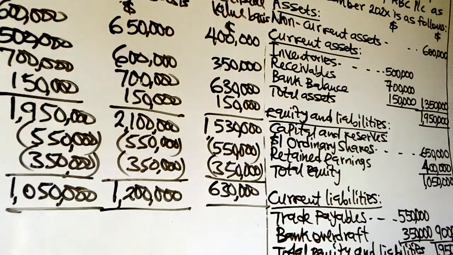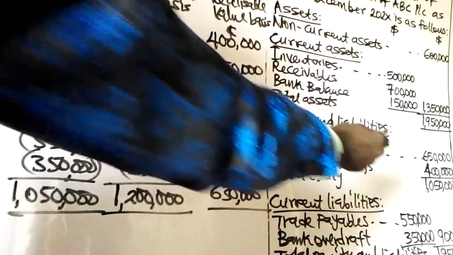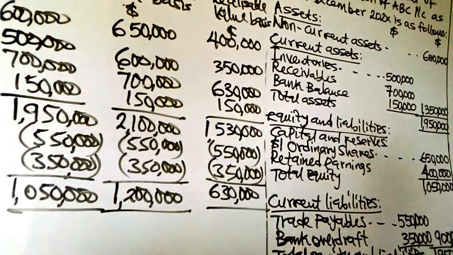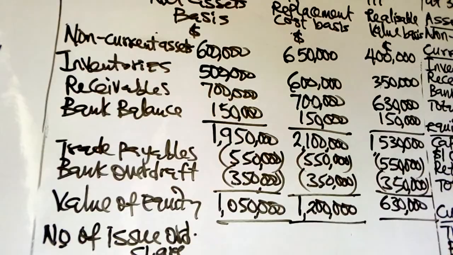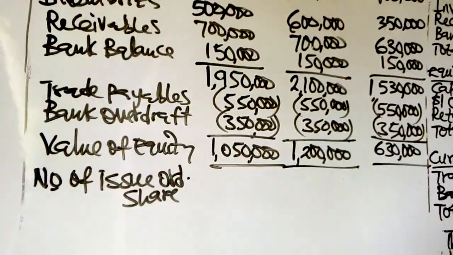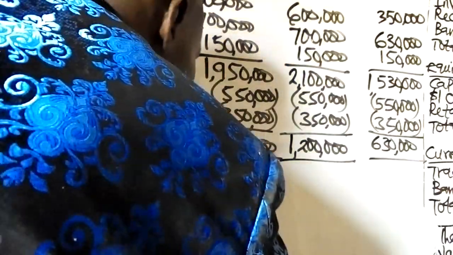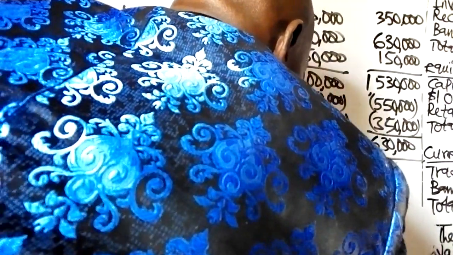In the equity section, you have $1 ordinary shares, which is 650,000. If you have 650,000 divided by $1, it will still remain 650,000. Therefore, the number of ordinary shares will be 650,000.